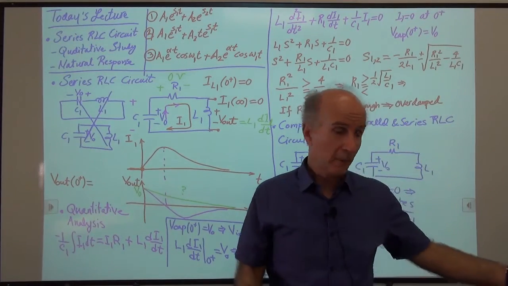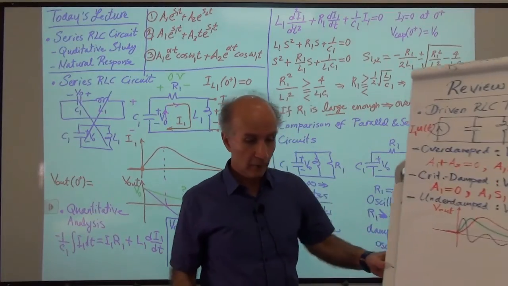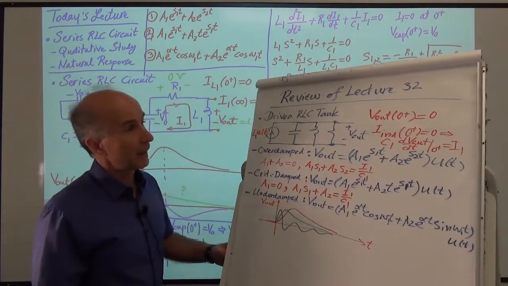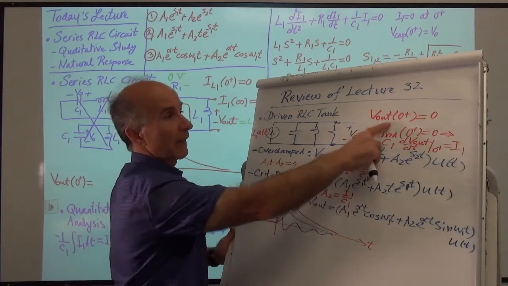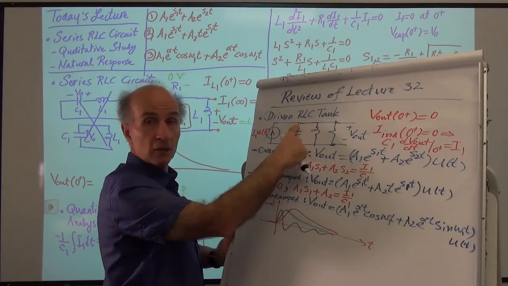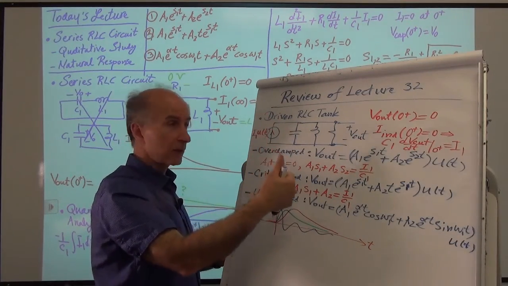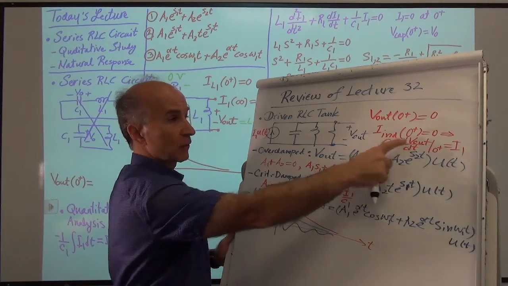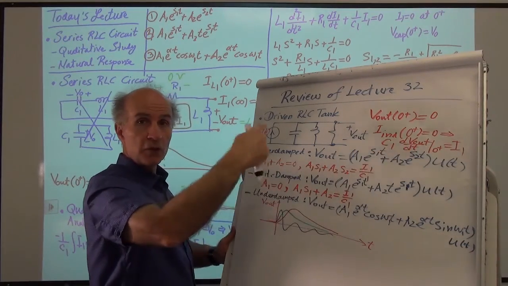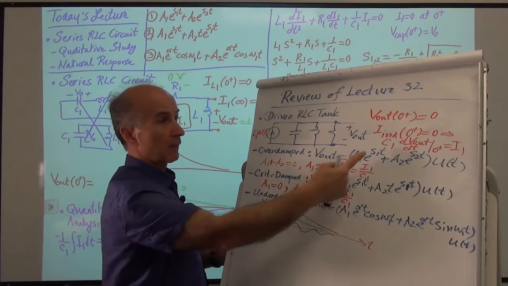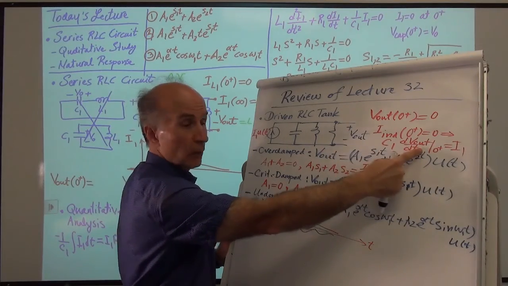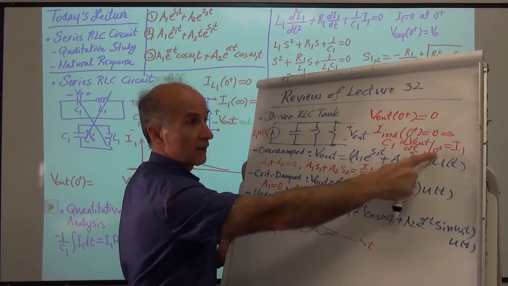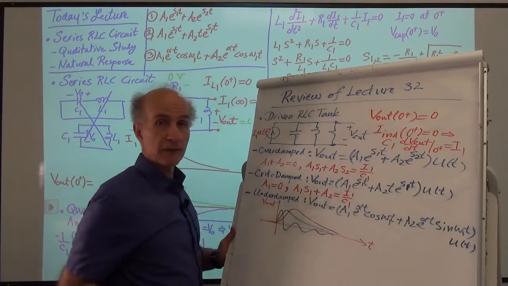These are somewhat similar to what we found before for the parallel circuit. Remember that there we had this voltage be 0 at 0 plus, so that's good in terms of V out. And then we had the current of the inductor be 0, and we changed it to a form that has V out in it, so we ended up with dV out over dt at 0 plus is I1 over C1.